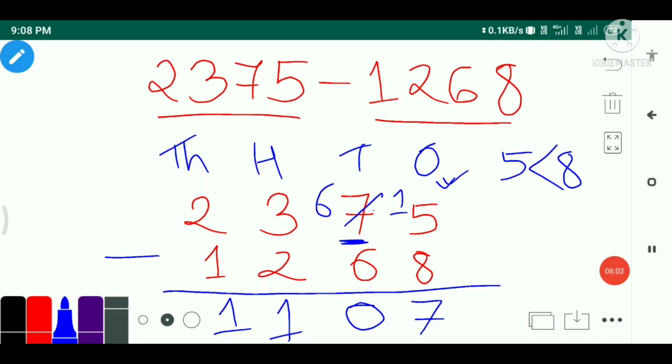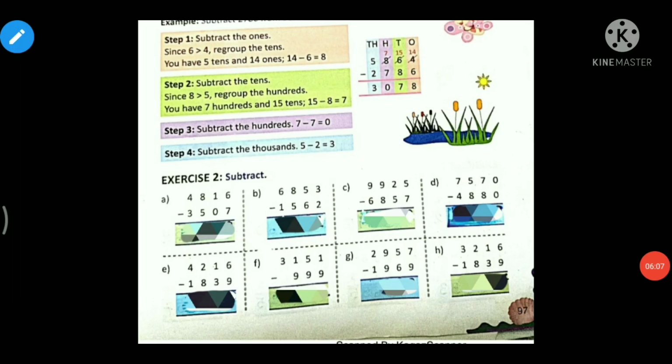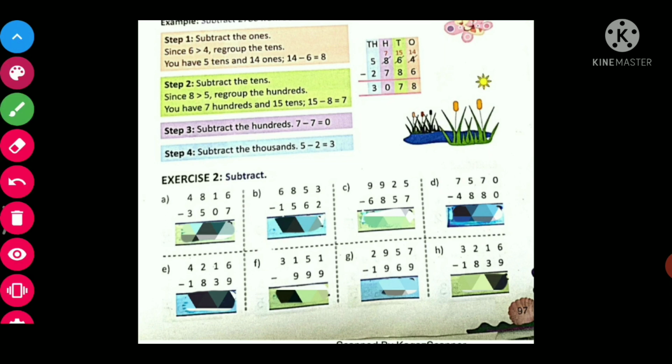Okay students, now we'll do some questions from your book. Now see page number 97, exercise 2. Here we have to do the subtraction with regrouping. So we'll start from the ones place value, right? So 6 and 7 are there.